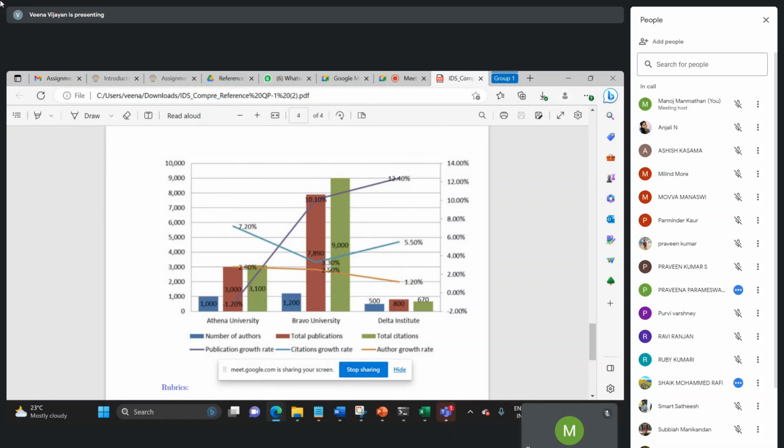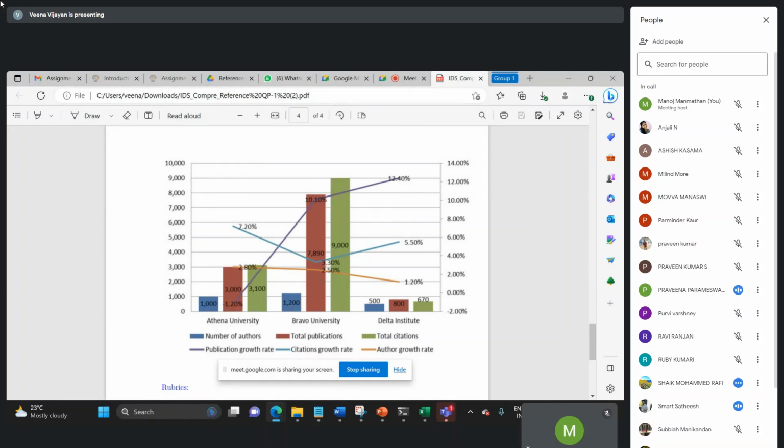So the changes will be 1, 2, 3. Color is quite okay for visualization purposes.